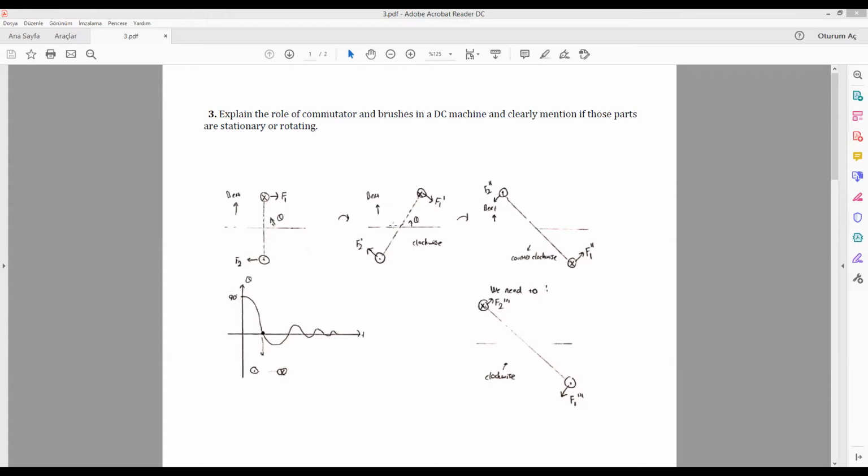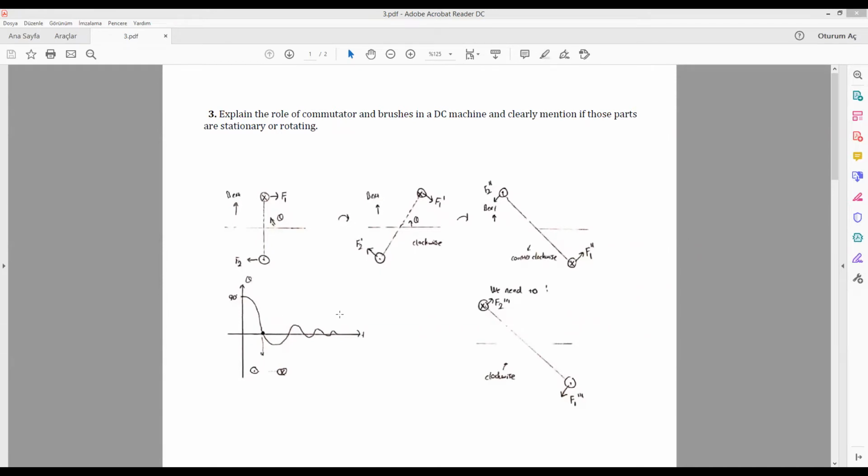However, when the system passes to the other side, it encounters the opposite tangential force that tries to rotate the system counterclockwise, as you can see, from clockwise to counterclockwise. Therefore, as can be seen from this graph, this system will stop after a while.